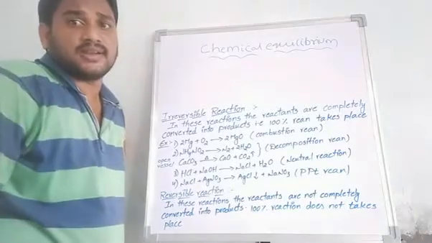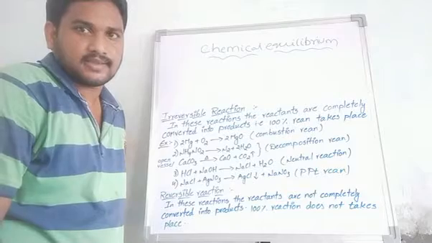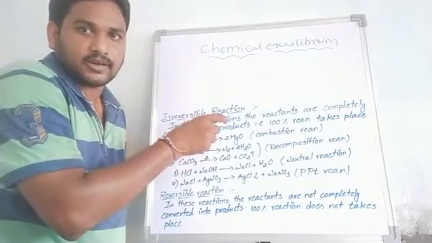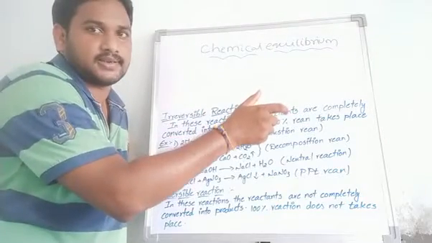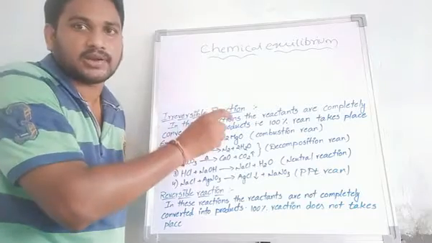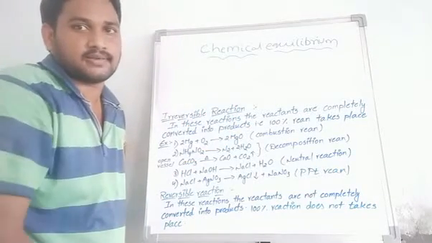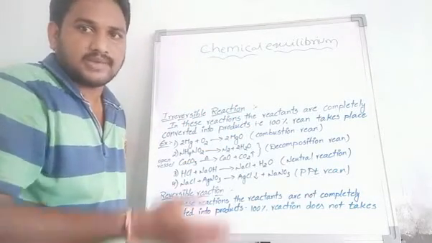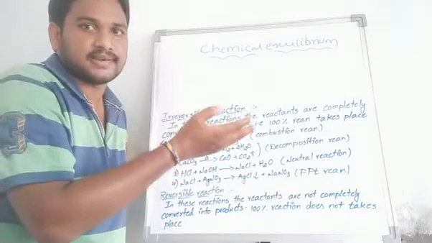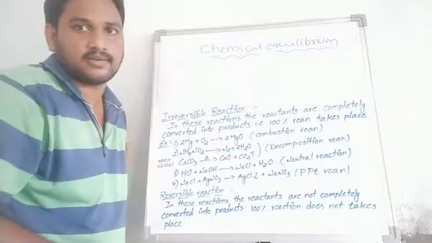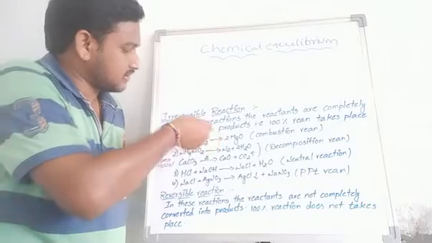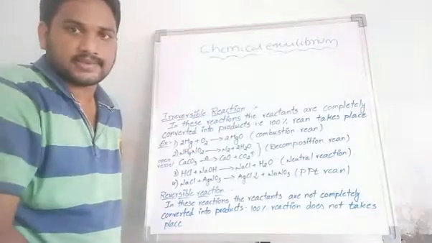Already you know that in an irreversible reaction, reactants convert to the product, and products do not convert back to the reactant. Those chemical reactions proceed in only a single direction. All such chemical reactions are called irreversible reactions.